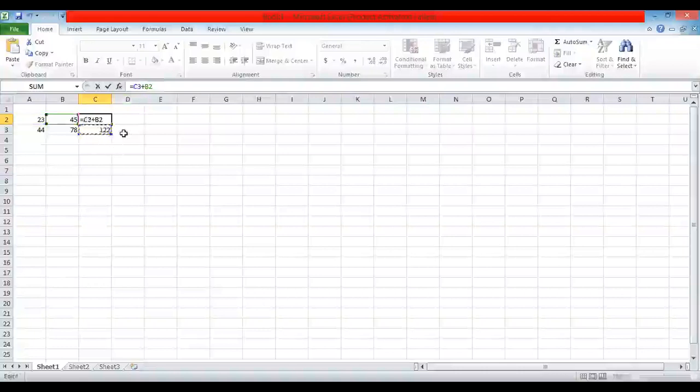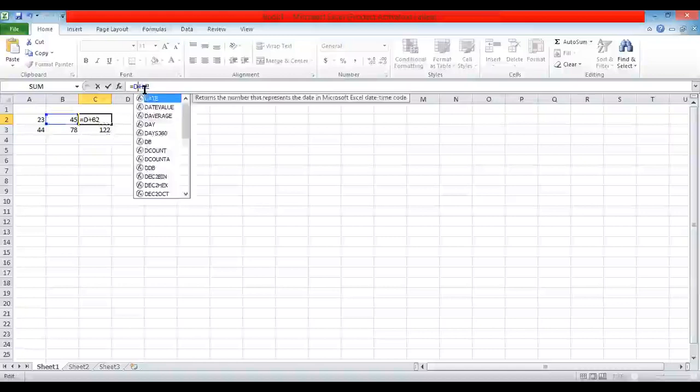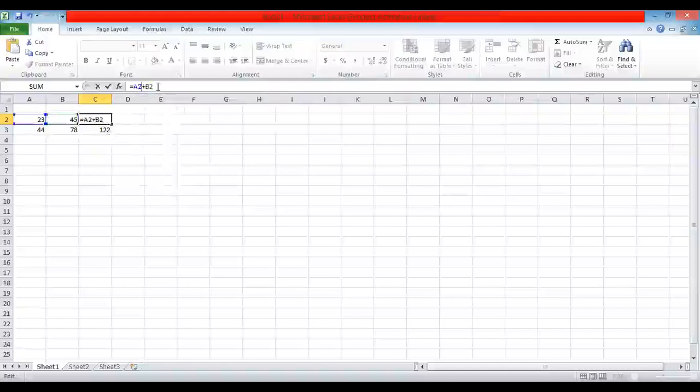If we go into this particular one, this is A2 plus B2, which is giving us the sum.